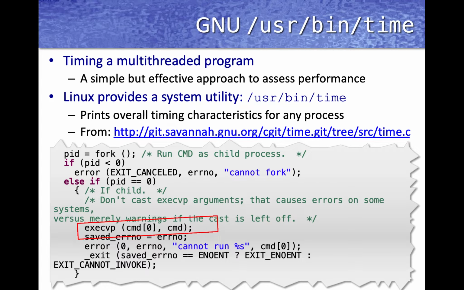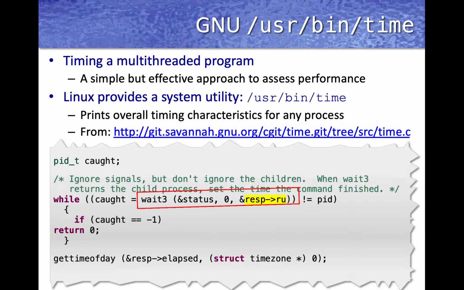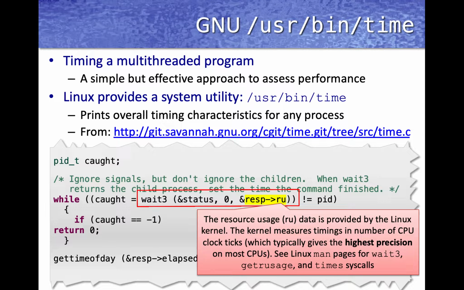You can supply any command with any command line arguments, and /usr/bin/time will run that command with those command line arguments. Once the program is done running, the time command will wait for the program to finish and then collect the system resource utilizations or resource usage from the Linux kernel and print it.